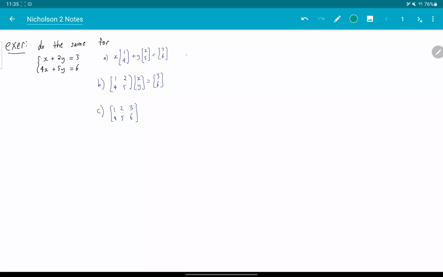So once again, this is the vector equation. This is the matrix equation. This is an augmented matrix.